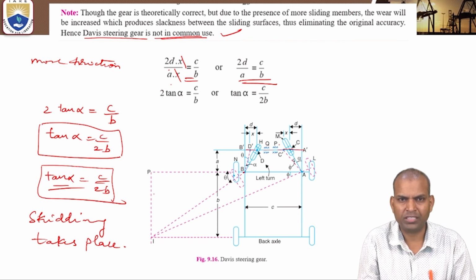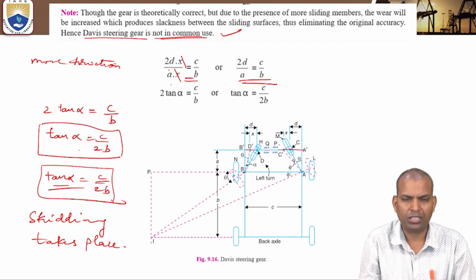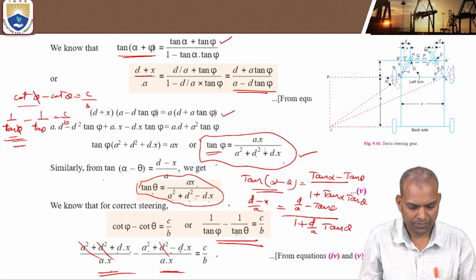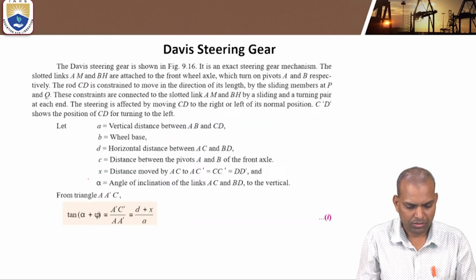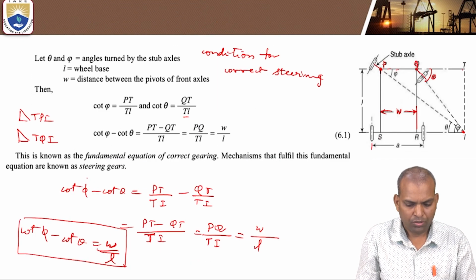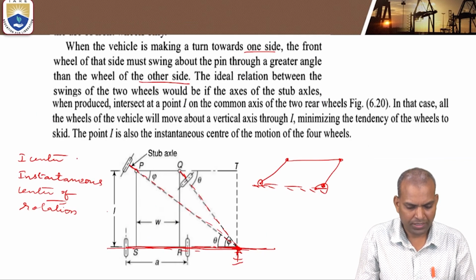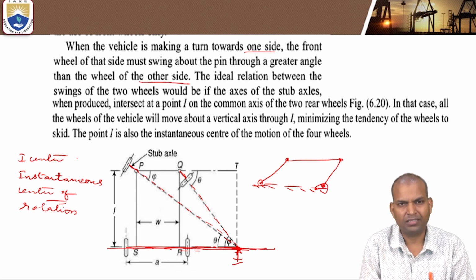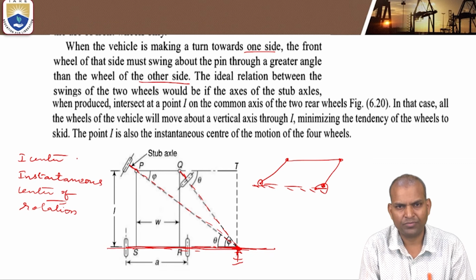What is the condition for skidding? Tan alpha should be equal to the ratio of C, the distance between the two pivots, by 2B, two times the wheelbase. Okay, this is the condition we have learned in this class. Again, the concept is very important in order to design various steering gear mechanisms.